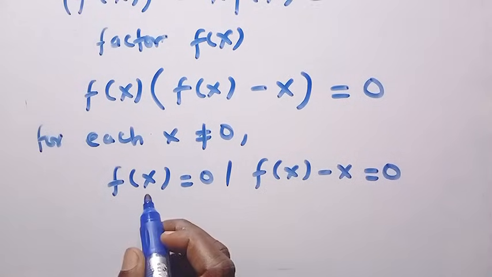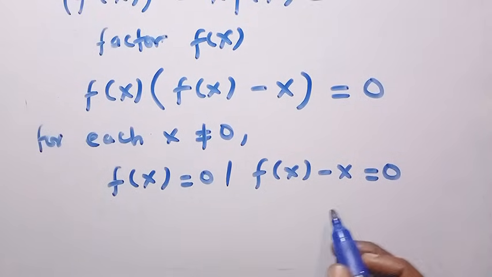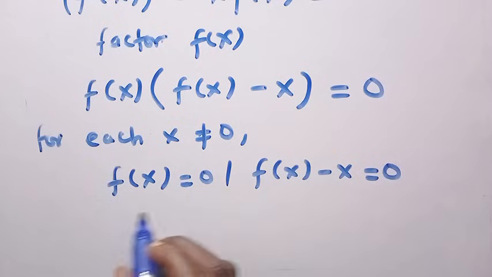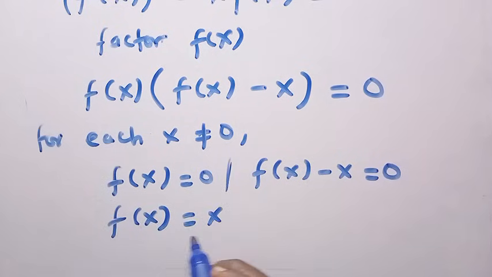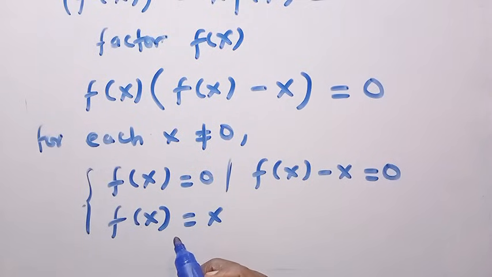So if f of x minus x equals 0, therefore we have f of x equals x. So these are the two things we got when x is not equal to 0. Let's consider this as case 1.